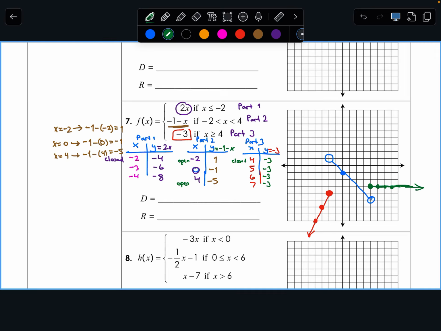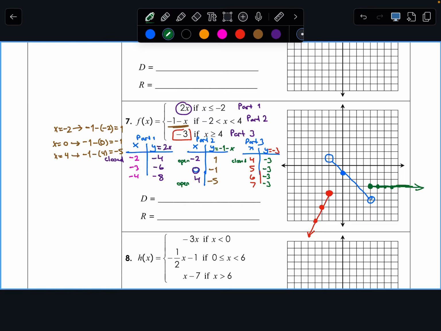Now, please watch carefully. I'm going to travel to the right. So I'm traveling, and I get to here. I stop. Now, that's a closed circle. That's no big deal. But it stops here. So now we need to see where it picks up. Well, it picks back up here. This is an open circle, but it's okay. You got a closed circle here. So now I'm going to travel, and then get to here.